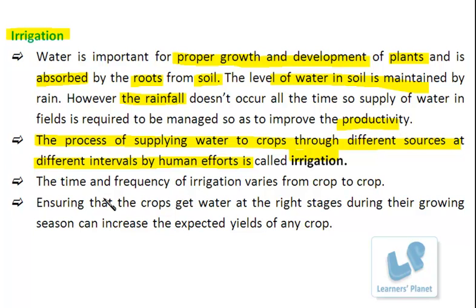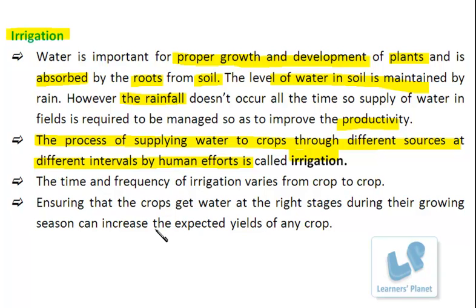Now, when irrigation management is to be planned, two things should be considered. The very first one is the sources from where the water is to be supplied. That means artificially, or in different ways, the sources should be developed from which the water supply could be done. And the second thing is the time and frequency of the irrigation.